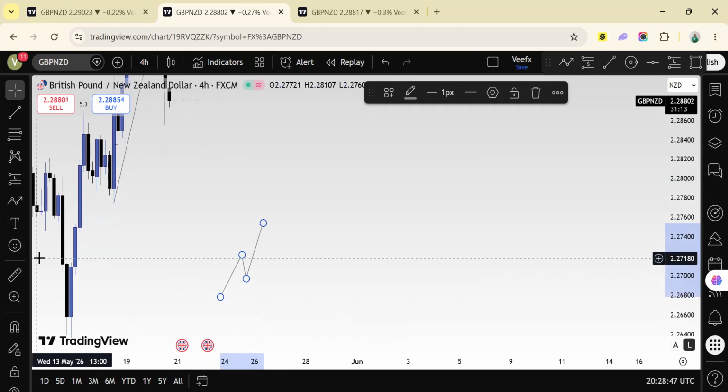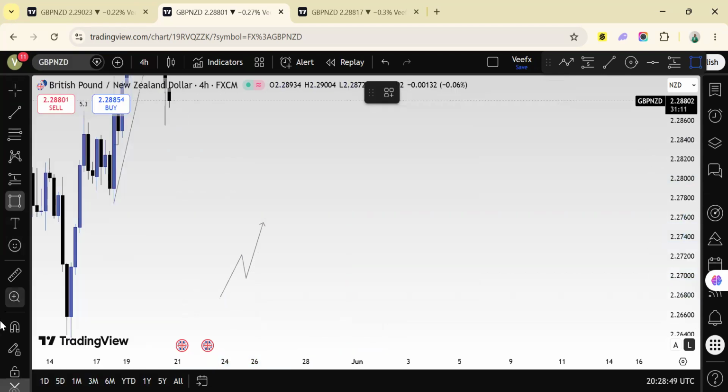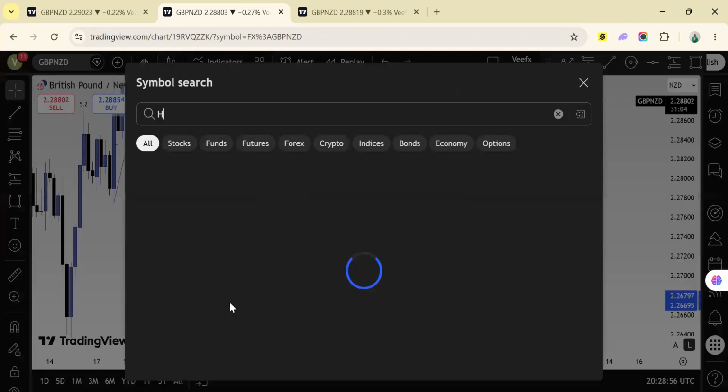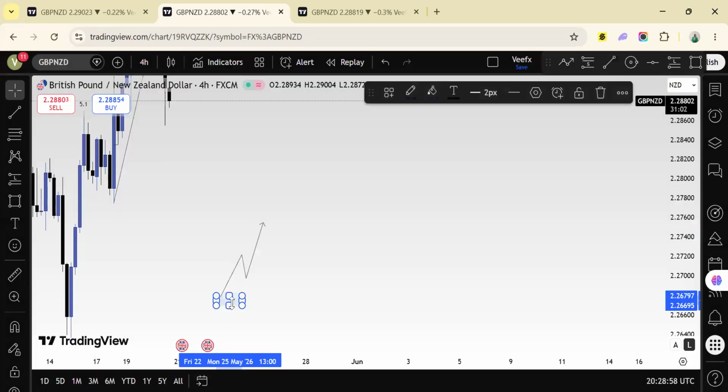Let me be marking it. This zone here is your what? Your higher low.